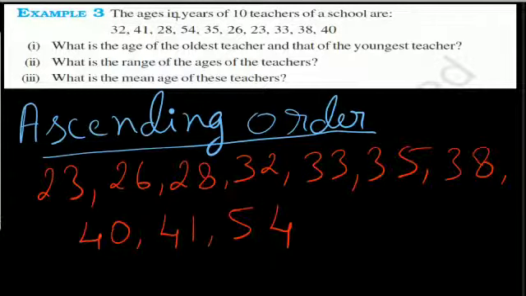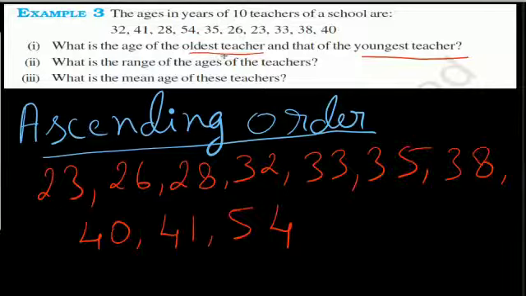Here is the example. In this example, the ages in years of 10 teachers of a school are given. Now in the first part we have to find the age of the oldest teacher and the youngest teacher. Before starting, always write the data in ascending form. Here I have already written the data in ascending form.